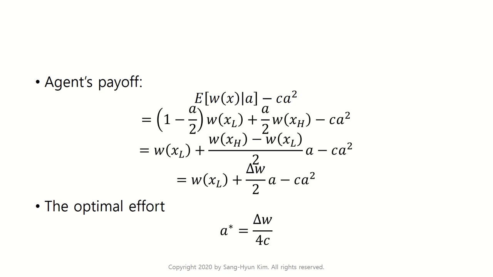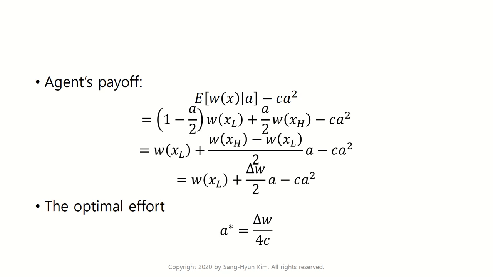So you can differentiate this with respect to A, then you can derive the first order condition. The first order condition is the condition for the maximization. So it looks like this. On the left hand side you put the first derivative of the objective function, and on the right hand side you put 0, right?